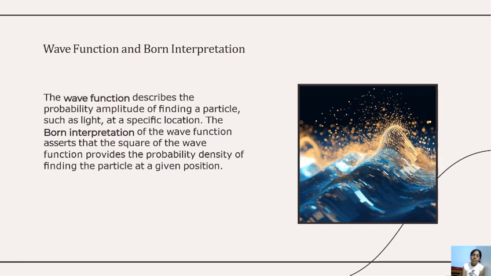As I said, the wave function describes the probability amplitude, which is the square of the amplitude of the wave function at some point, which provides the probability of detecting a particle at that specific location. It gives the probability density of a particle at a given position.